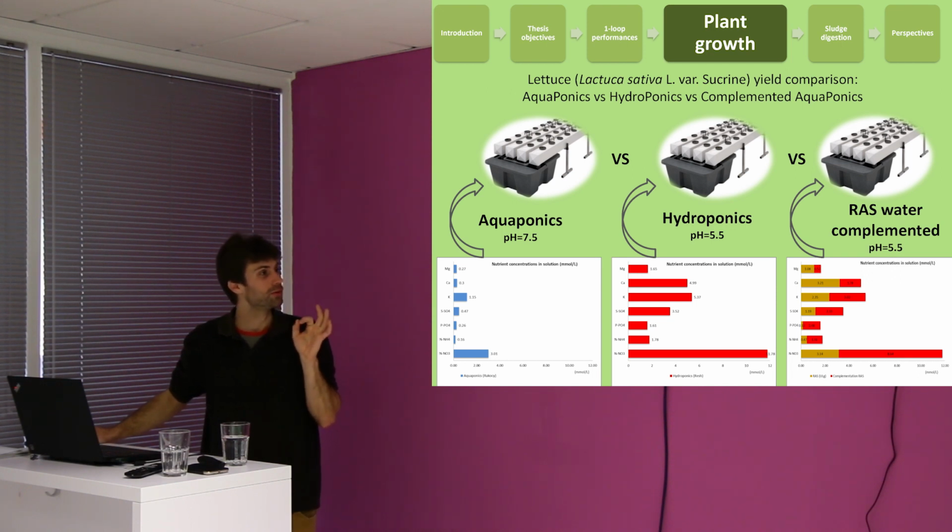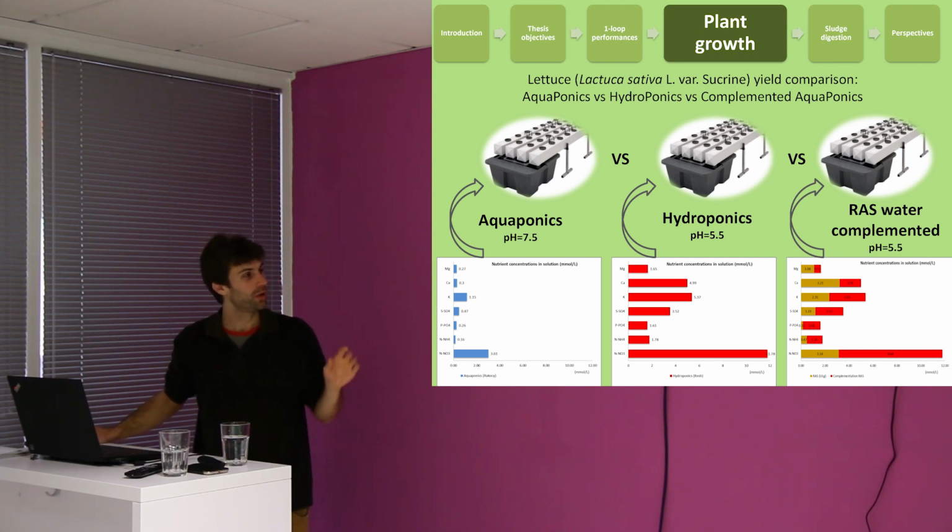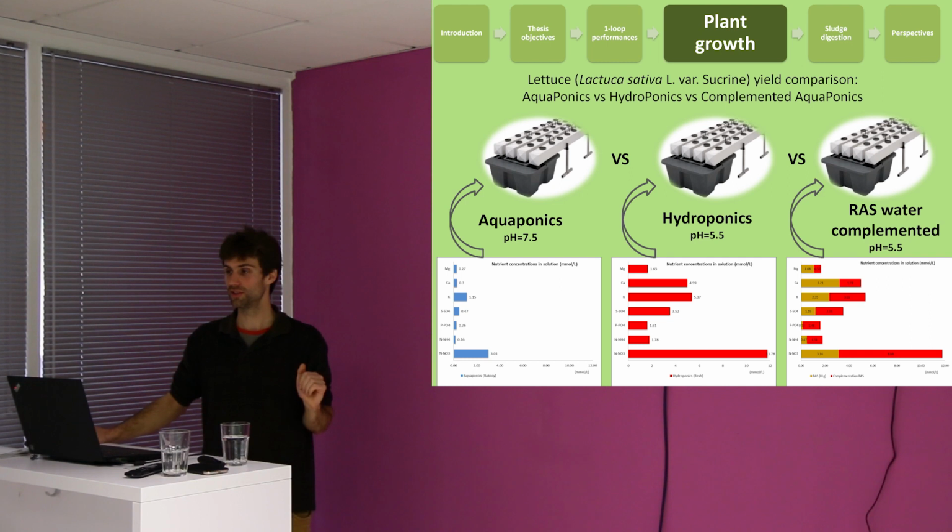The objective is to run the system in the same conditions as hydroponics, so the same pH and the same nutrient concentrations. You can see here that we have exactly the same profile of nutrients. In green, that was the profile we had in the recirculating water, and in red, the nutrients we added to have the same concentration.